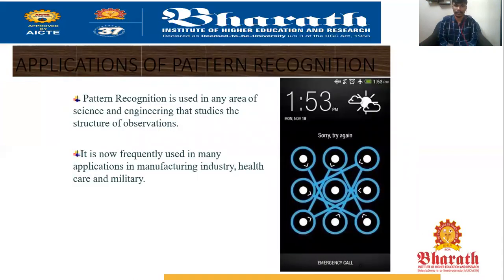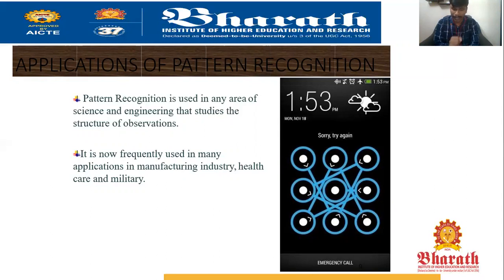Next is our daily usage: setting a pattern, with some structure or set of sequences, for enabling or using a module, known as password setting. Setting a pattern, a password, or a key code for entering or enabling a module is a pattern recognition application.